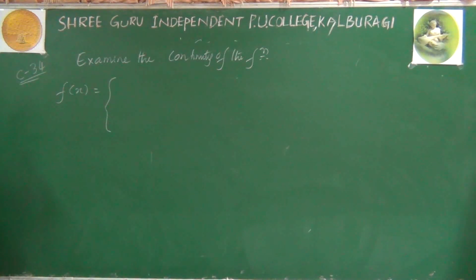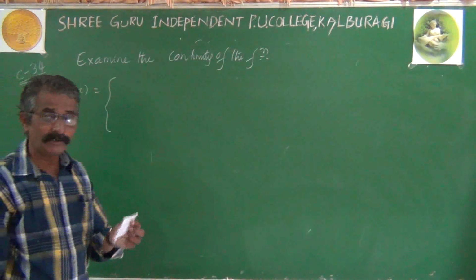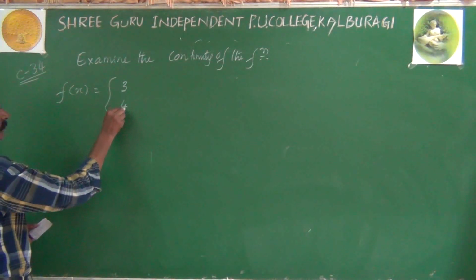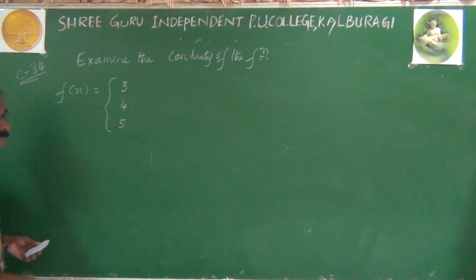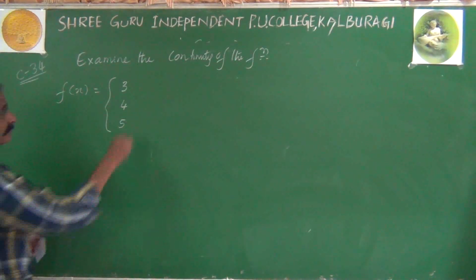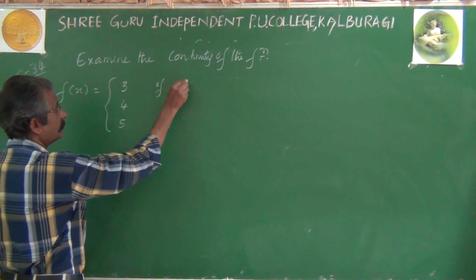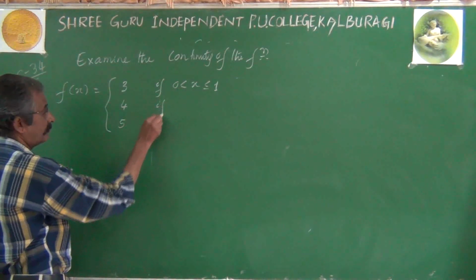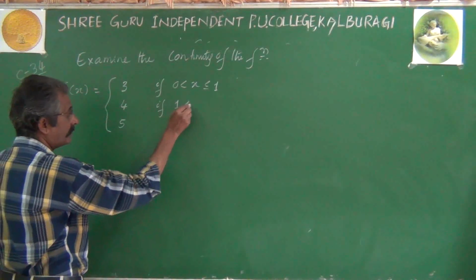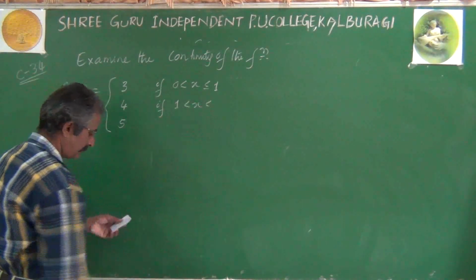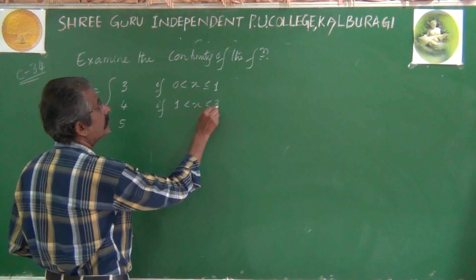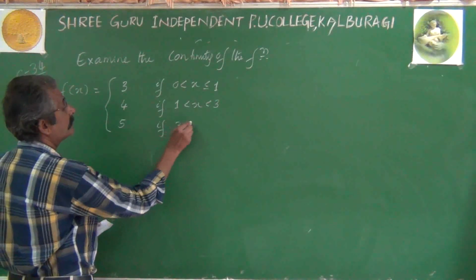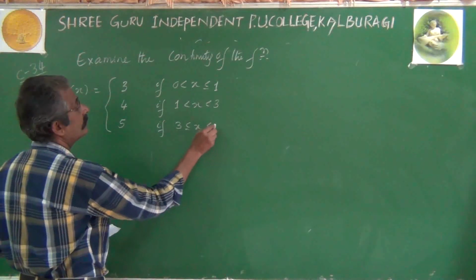In this problem, f of x is defined by 3 values. First value 3, second value 4, third value 5. First one, if 0 less than x less than or equal to 1. Second one, 1 less than x less than 3. Third one, if 3 less than or equal to x less than or equal to 10.